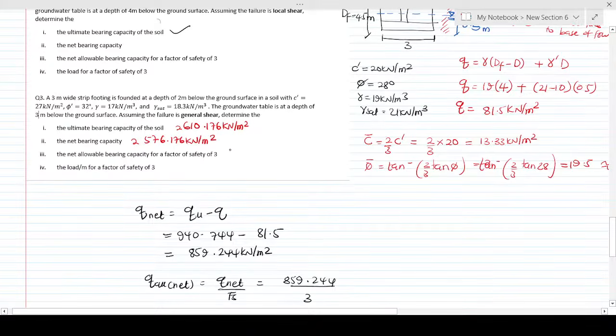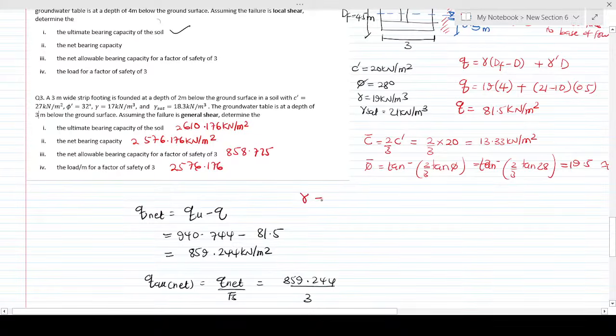Then your net allowable is 858.725. Then your load per meter is going to be 2576.176.